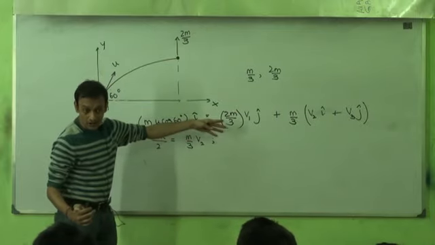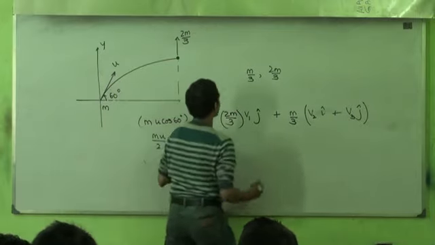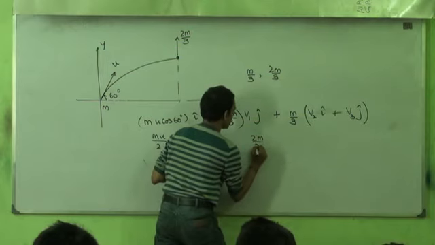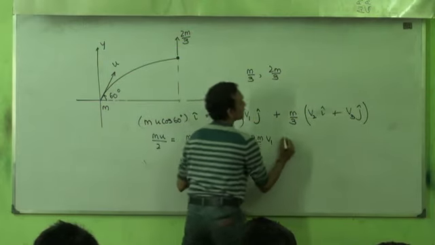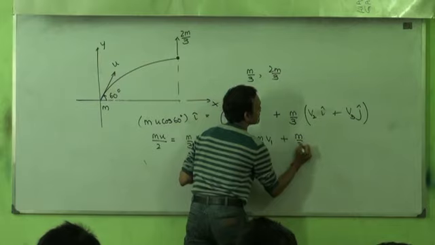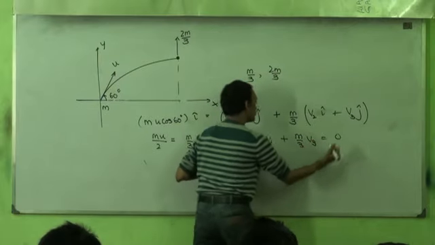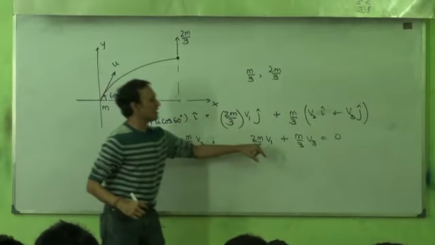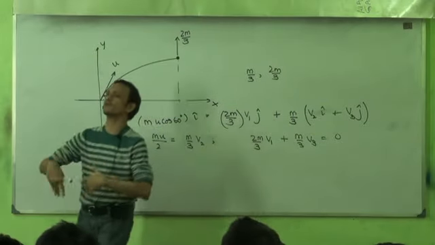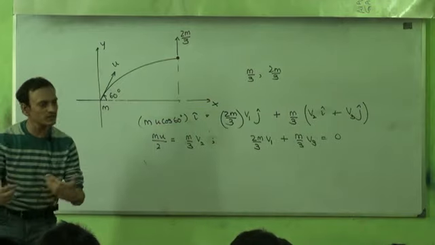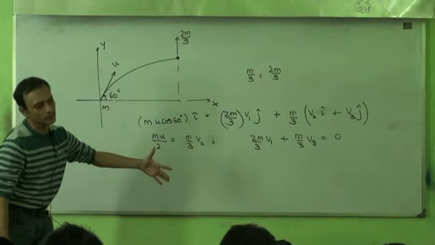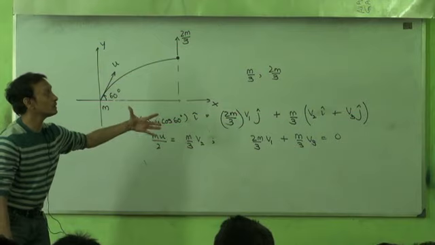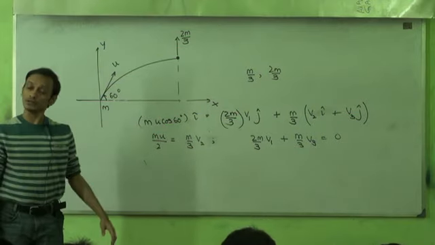So the right hand side in the j direction, 2m by 3 v1 plus m by 3 v3, must be 0. If one of v1 or v3 is known, the other one could be computed by applying the law of conservation of linear momentum.